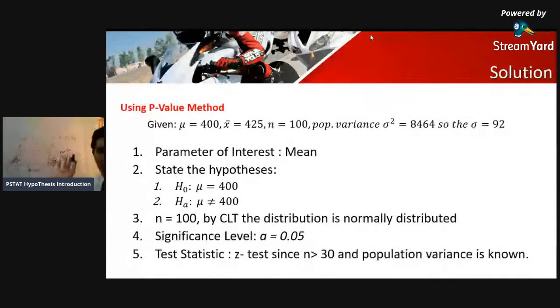The difference here is that we need to give emphasis not on the confidence coefficient, but instead you are using the p-value. You need to focus on the alpha. Again, the very common alpha is 0.05 or 0.01. So compute the test statistic.